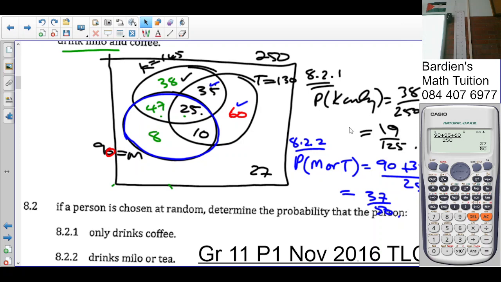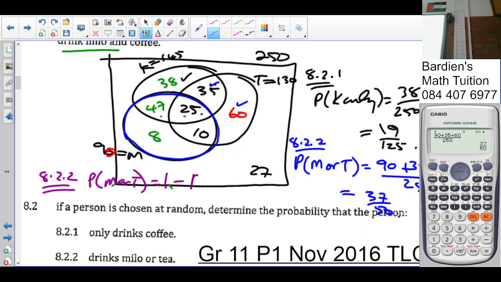Yes? Can you just say 250 minus 38 and 27? Yep. So you're saying I could have said this as well. The complement I could have taken. So 8.2.2 would have been easier. So it's the probability of Milo or tea is equal to 1 minus the probability of Milo or tea not. Okay. So it's 1 minus everything that's not involved, which is 38 and 27.